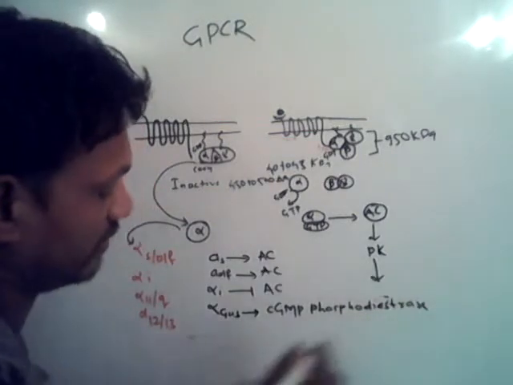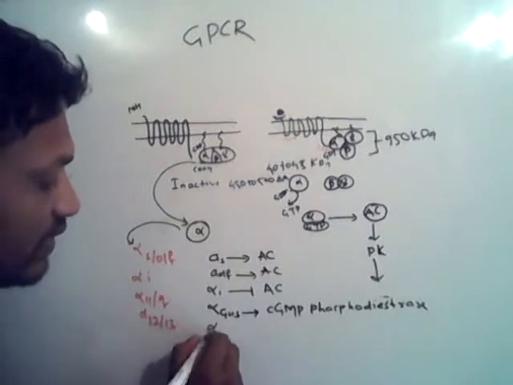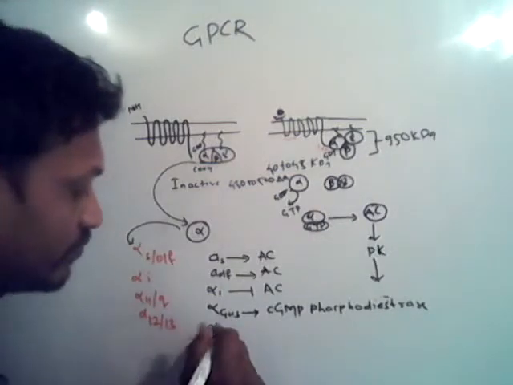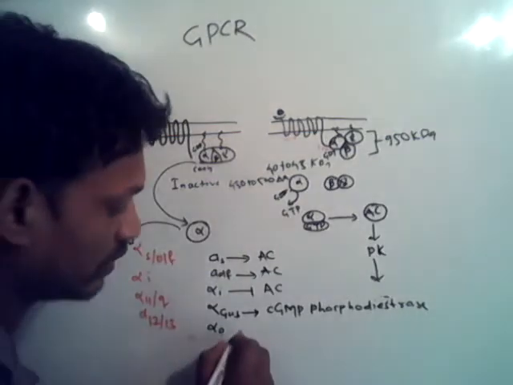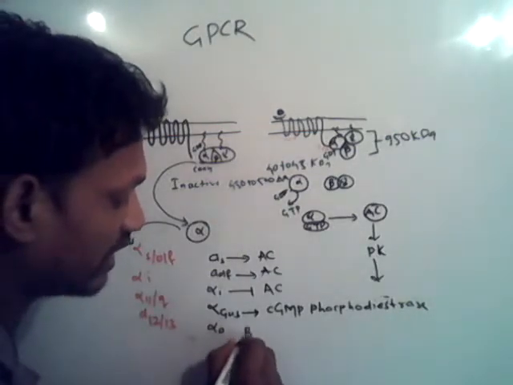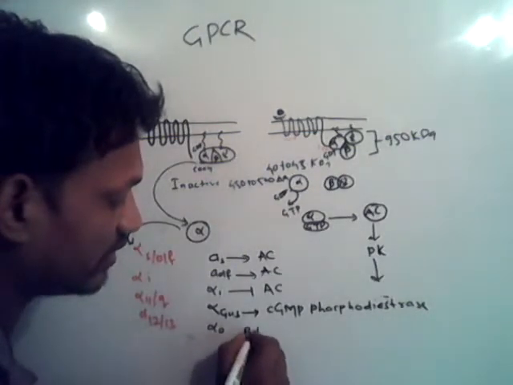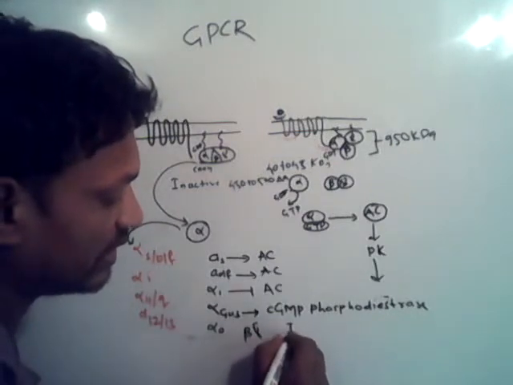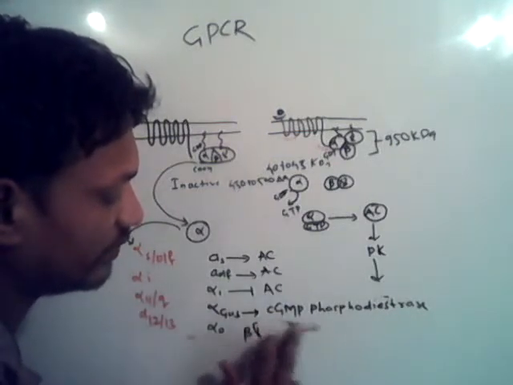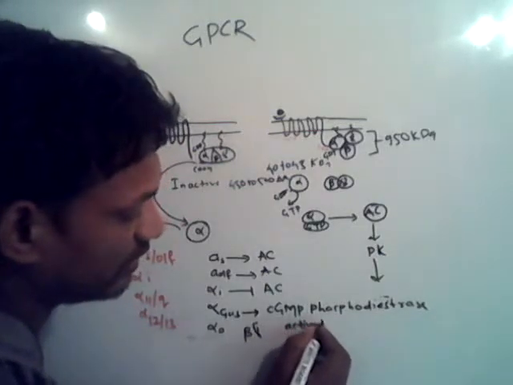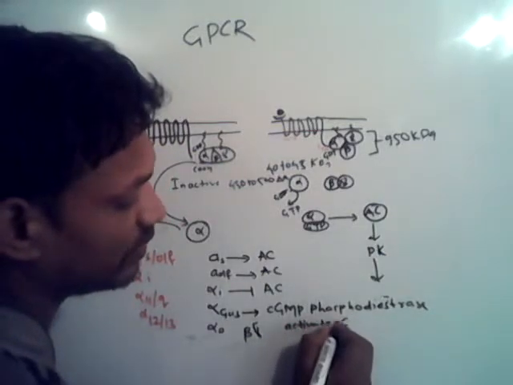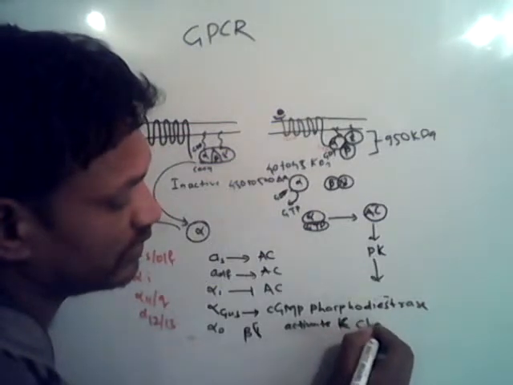phosphodiesterase. If it contains alpha o, in such a condition the beta and gamma subunits activate potassium channel.